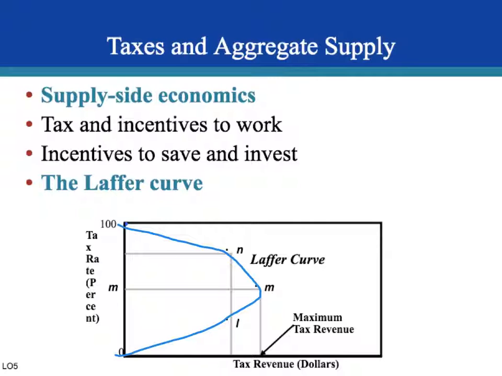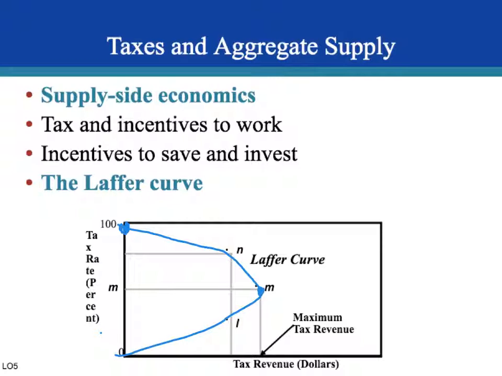Basically, the Laffer curve states that if you tax people beyond a certain point, so we can see here, down here is 0%, and up here is 100% taxes, after a certain point, they will lose interest in working. It's a disincentive. So, for example, if 75% of their salary is going to taxes, then they're not going to work as hard.